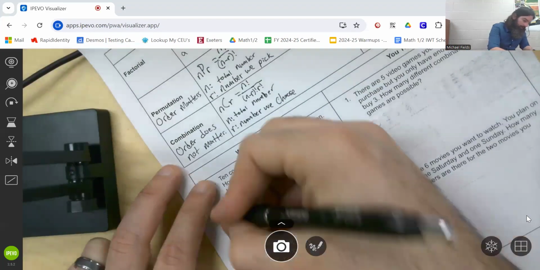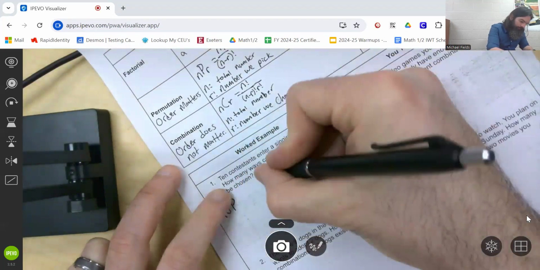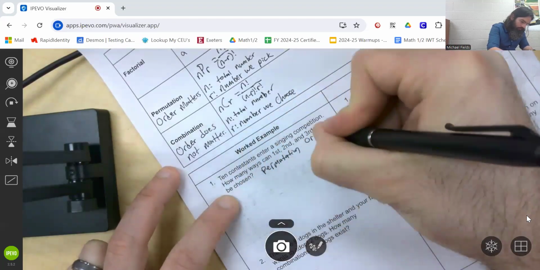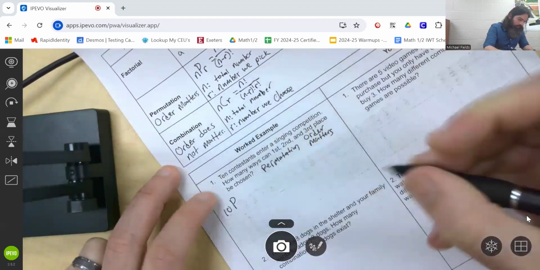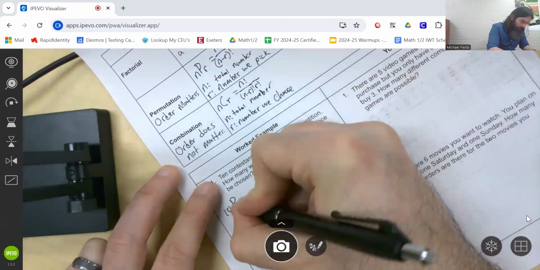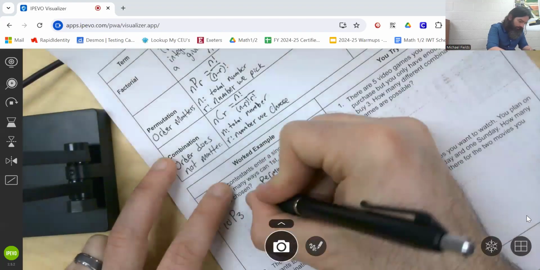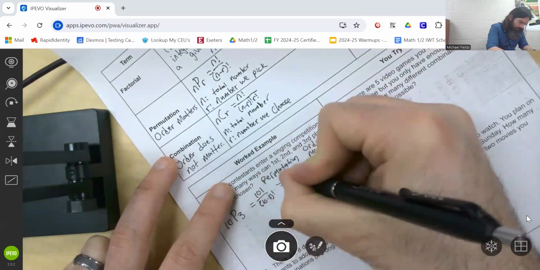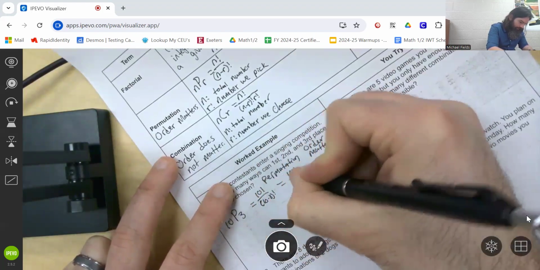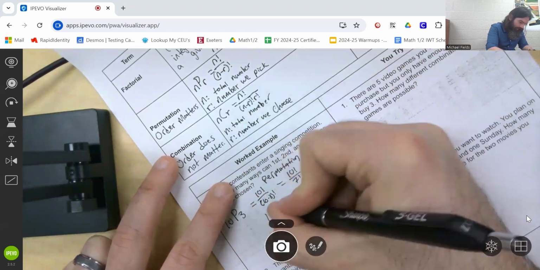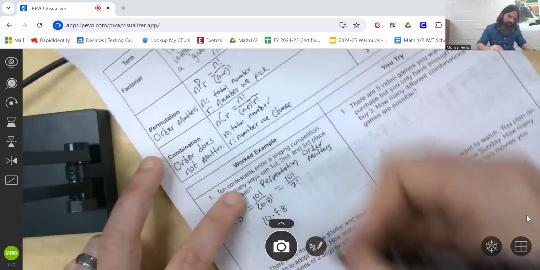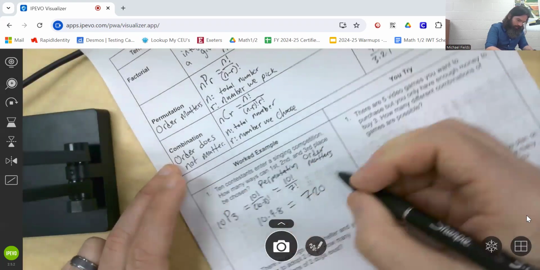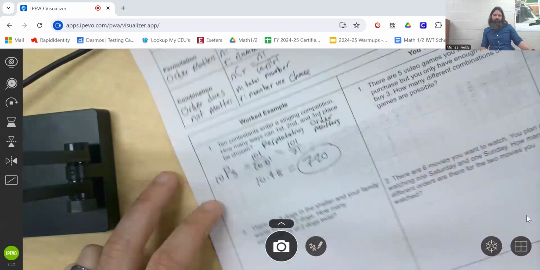So this is a permutation, and we're choosing 3. So that's 10 factorial over 10 minus 3 factorial, just 10 factorial over 7 factorial. So we have 10 times 9 times 8 because the 7 factorials cancel out from both. And that is 720 possible combinations.